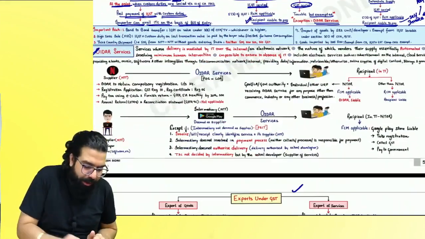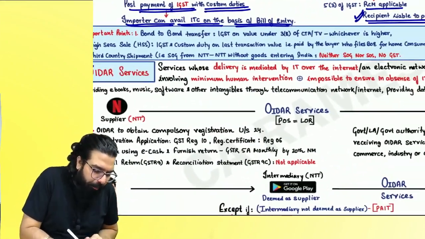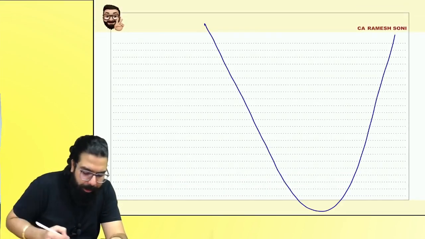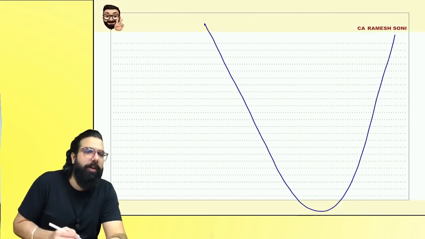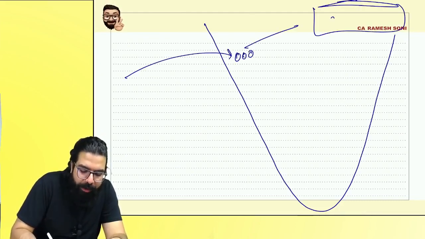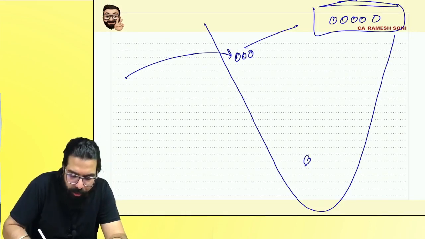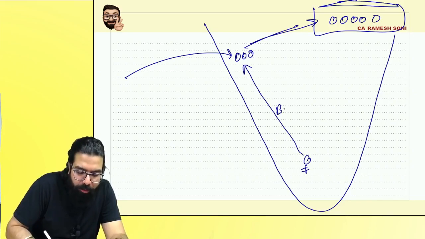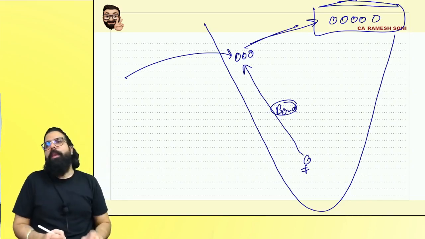Now, everyone, I have some important points with respect to bond to bond transfer. Tell me one thing, do you remember what a bond to bond transfer is? Your goods came in India. You filed a bill of entry, transferred the goods to the warehouse, and gave a bond.